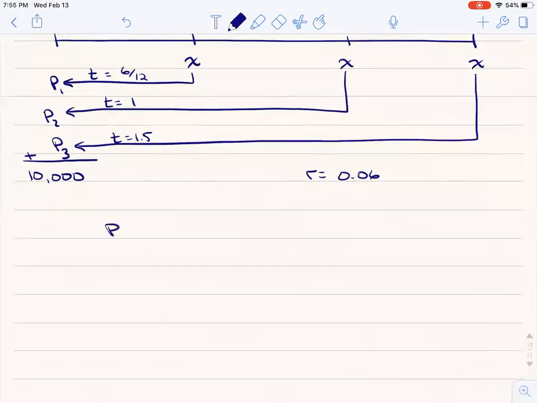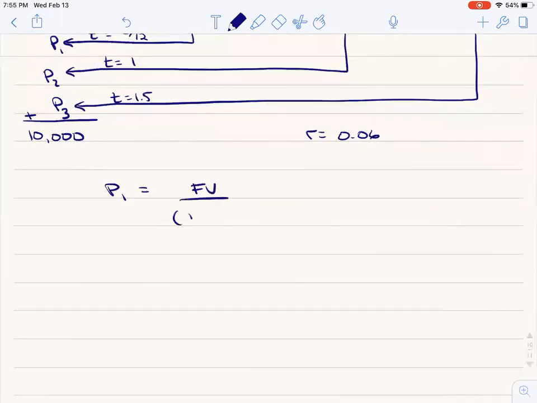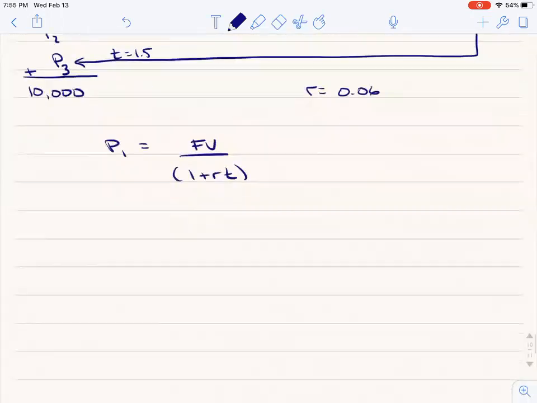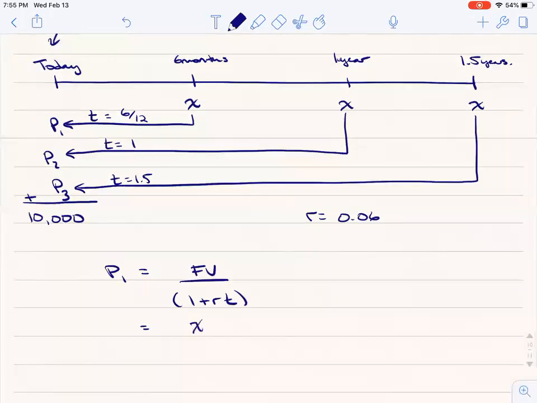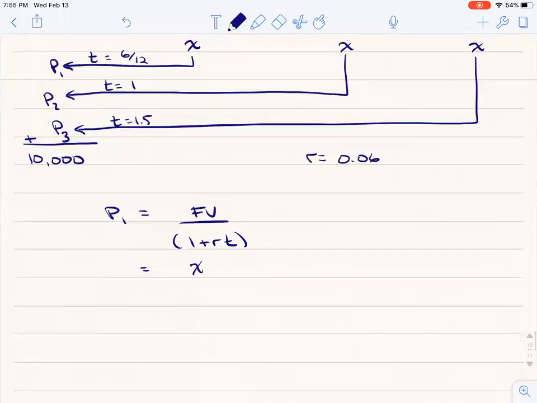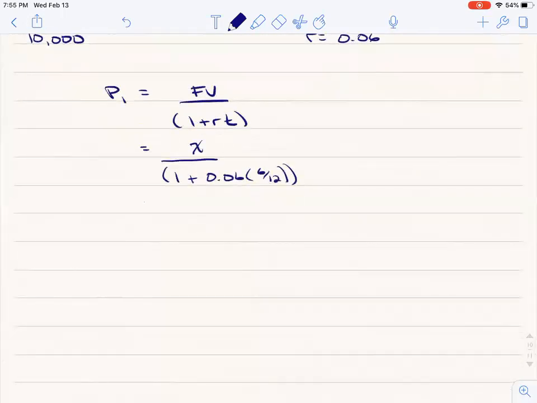So what's this going to look like? P1 is the future value over 1 plus RT. The future value of P1 is just X. X over 1 plus 0.06 times 6 over 12, so this is X over 1.03.